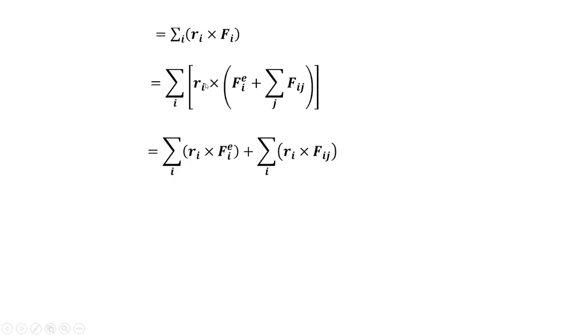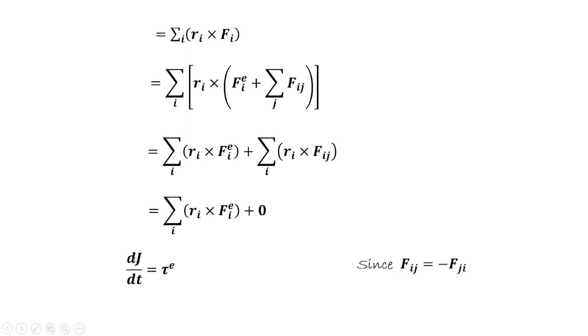Simple, right? R cross Fe plus R cross summation of F suffix ij. If you observe carefully, what is the meaning of this r cross Fij term? This one is going to be 0, since Fij equal to minus Fji, it goes to 0 when you apply the cross product.